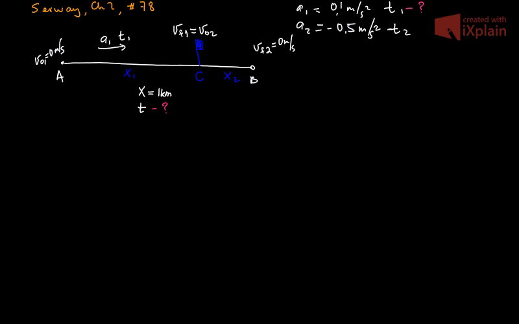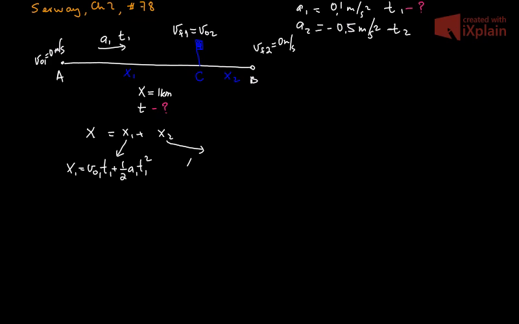Now I'm going to use x equals x1 plus x2 and see what I know about x1 and x2. I have lots of data, so I can use kinematics equations. Using one of them, I can write x1 equals v01 t1 plus 1/2 a1 t1 squared. It's important that we keep the notations accurate.